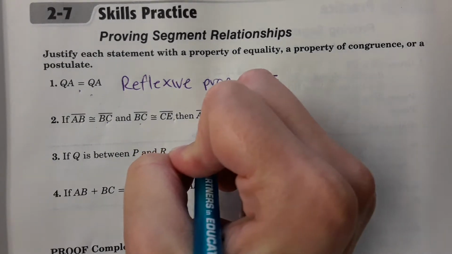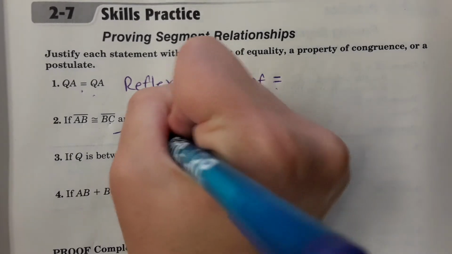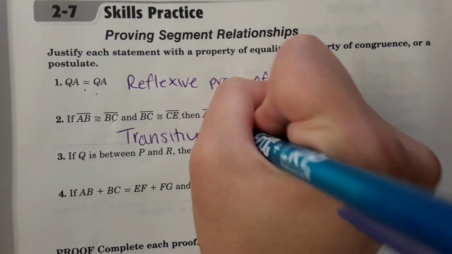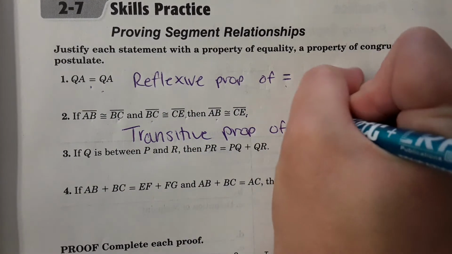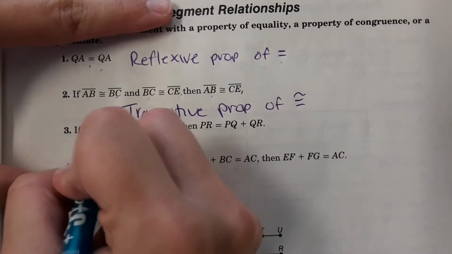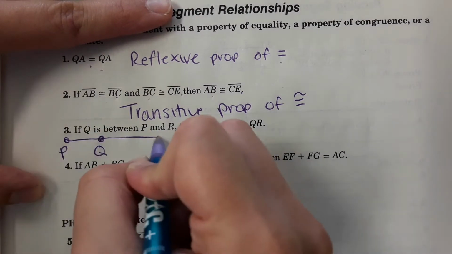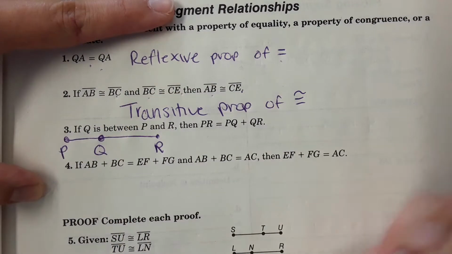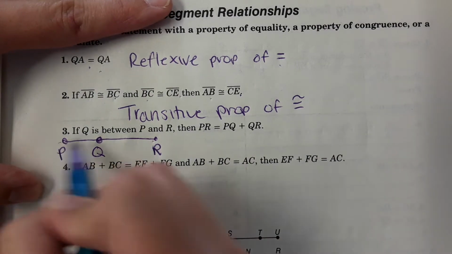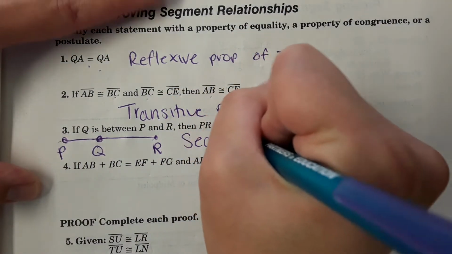Then AB must be congruent to CE. That is transitive property of congruence. And if Q is between PR, then PR equals PQ plus QR. That is the new one that we saw today, segment addition postulate.